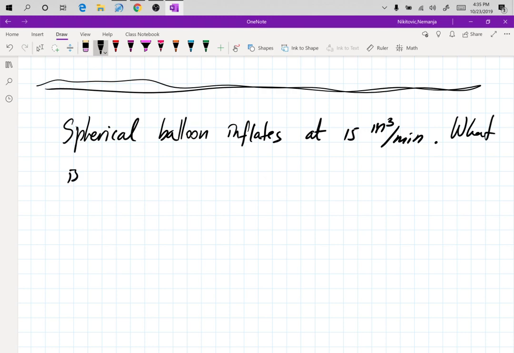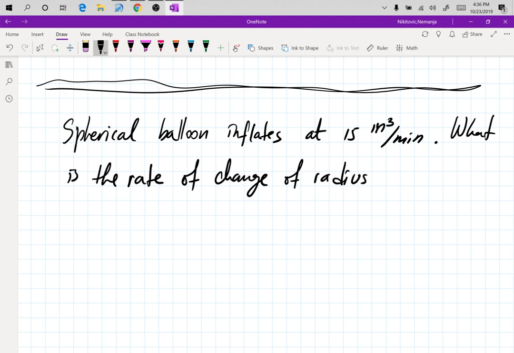What is the rate of change of radius when the radius is 10 inches?